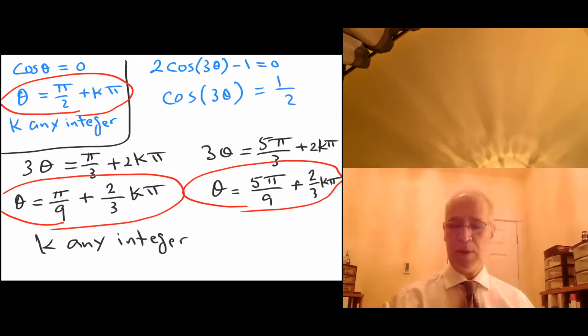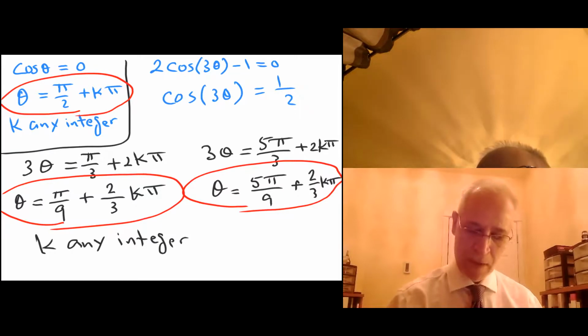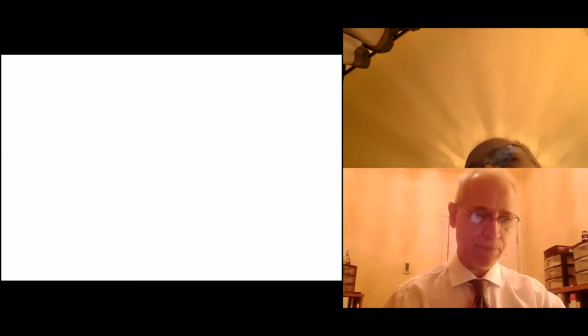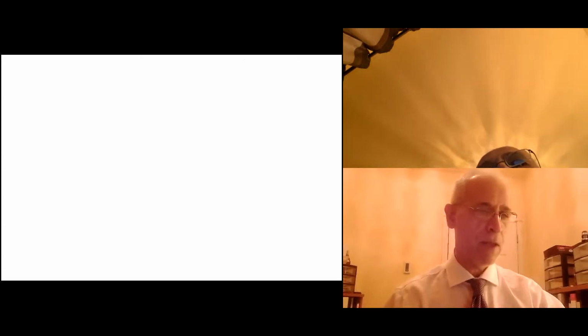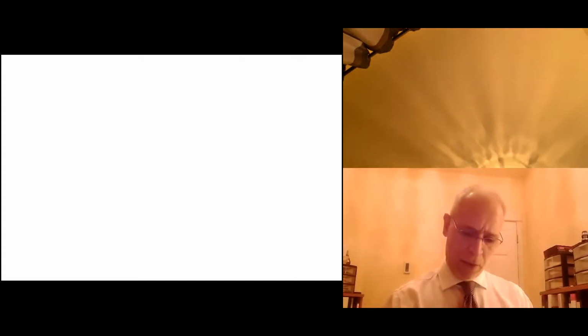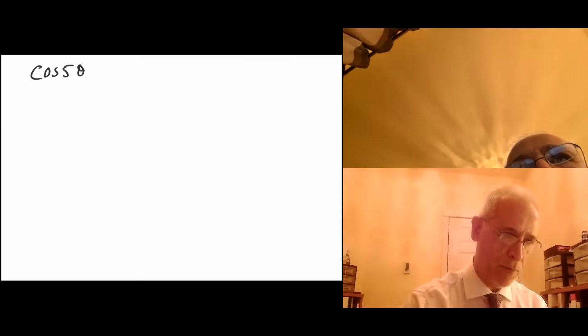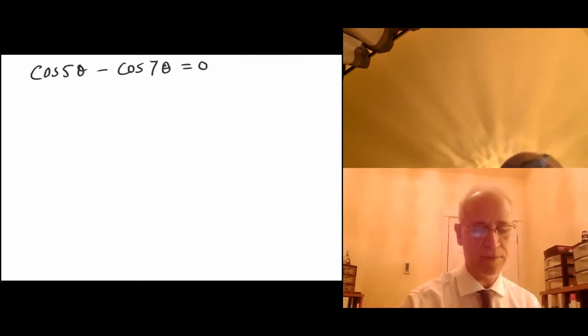Okay, let's do one more example. Cosine of 5 theta minus cosine of 7 theta equals 0.